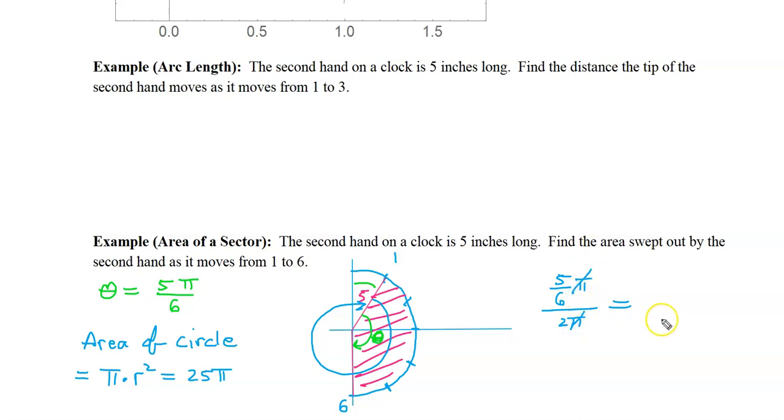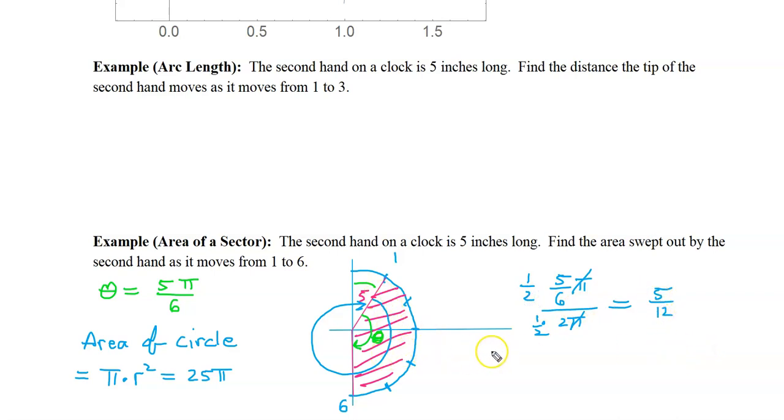The pi's will cancel here, and we get 5/12. Sorry, just 5/12. And once again, you can get that by multiplying top and bottom by 1/2 to cancel out that 2. So that's how you get 5/12.